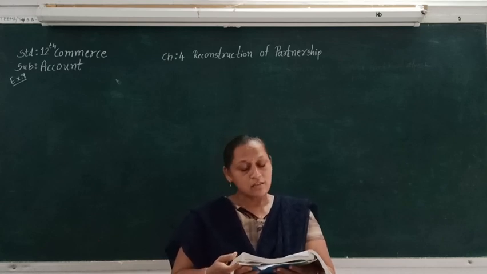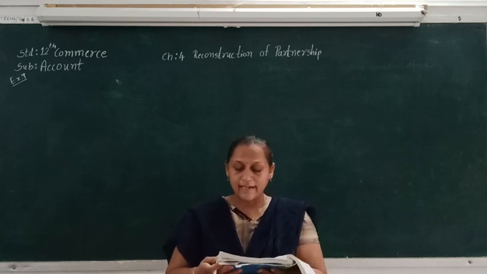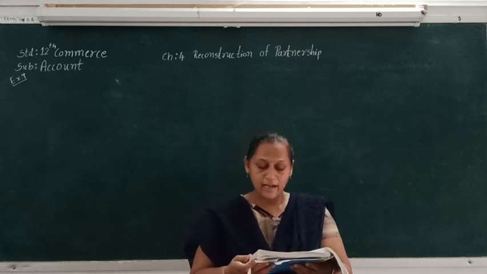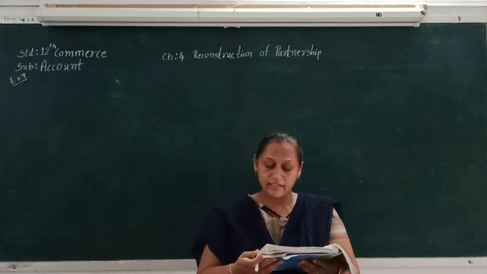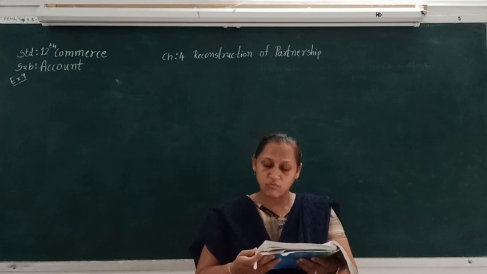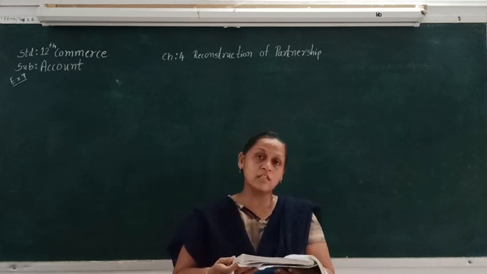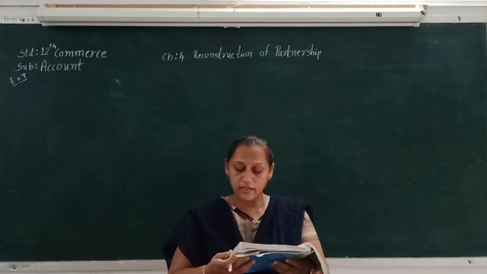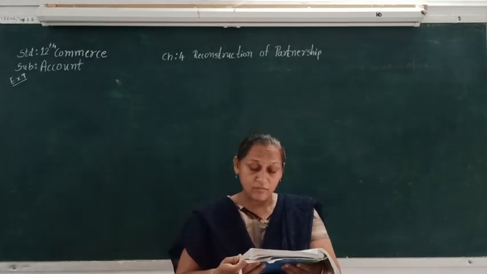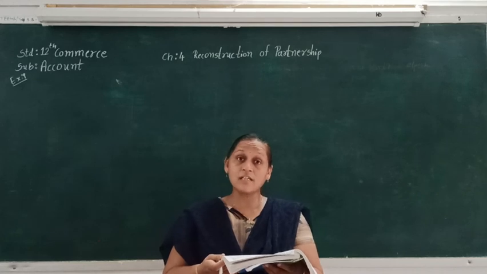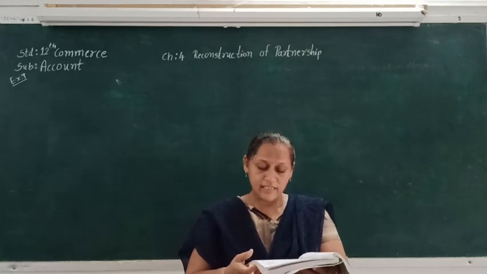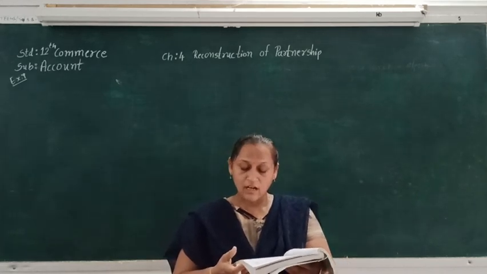On the asset side, we can see that land and building is 2 lakh, machinery is 80,000, furniture is 40,000, investment is 60,000 and closing stock is 45,000. Debtors are 30,000 and from that the bad debt reserve of 1,500 is deducted.